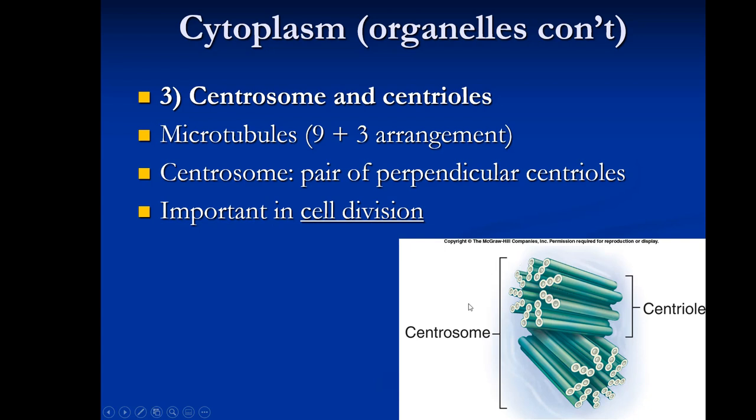One of these is called a centriole. If you get 2 centrioles that are perpendicular to each other, that's called a centrosome. These are really important in cell division. They form what we call the mitotic spindle, which we'll get to later in this lecture.